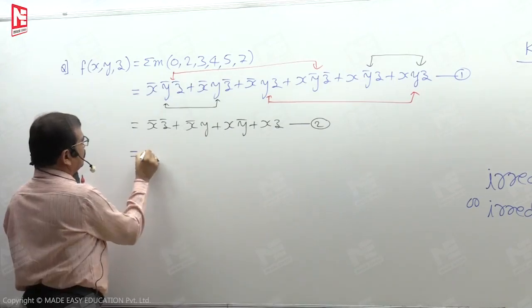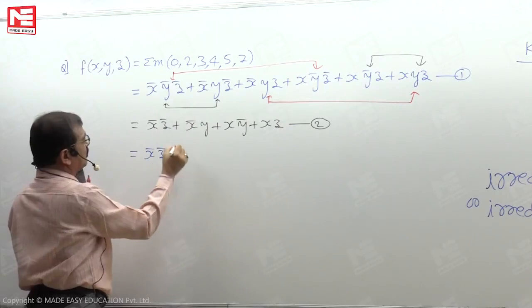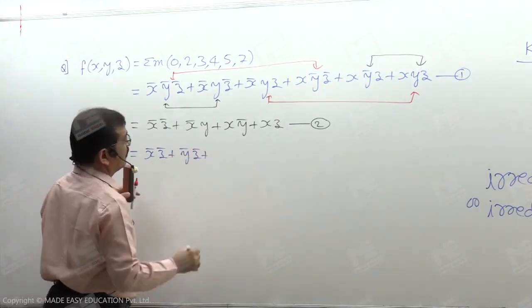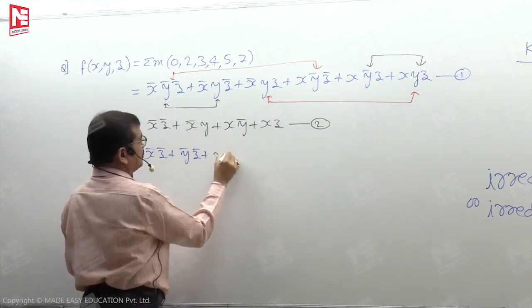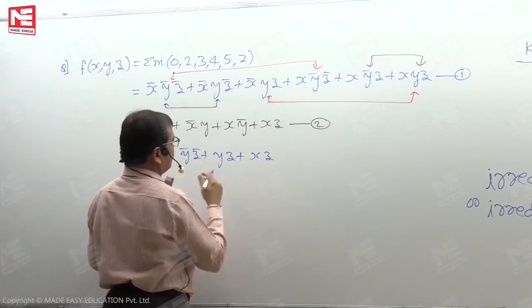From the first two terms, it is x complement z complement. From the first and fourth term, it is y complement z complement. From the third and last term, it is yz. From the last two terms, it is xz.